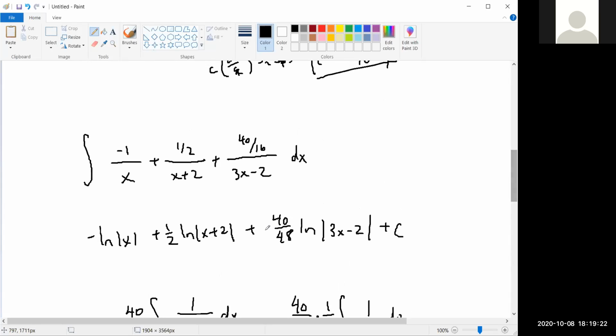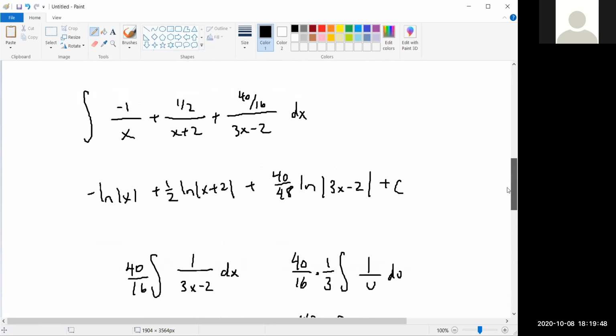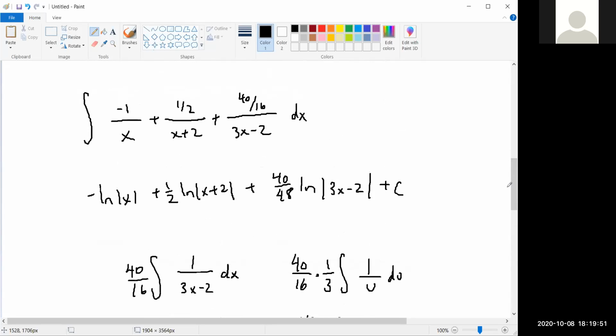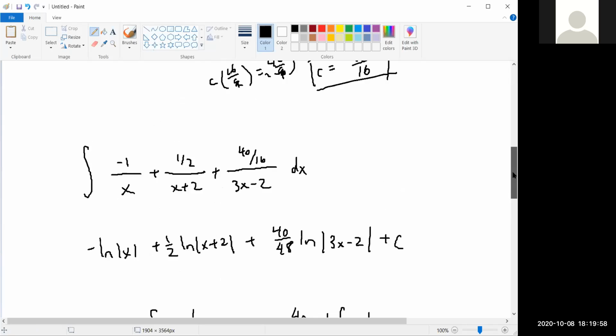So basically what happened was the first one is a regular ln. The second one is also regular ln, but the last one, you had to adjust the coefficient because there's basically a 3 in front of the x. So that's sort of like, you have to undo the chain rule technically. So that's why the coefficient, instead of a 40 over 16, it's a 40 over 48. You only plug in roots for their respective fractions.